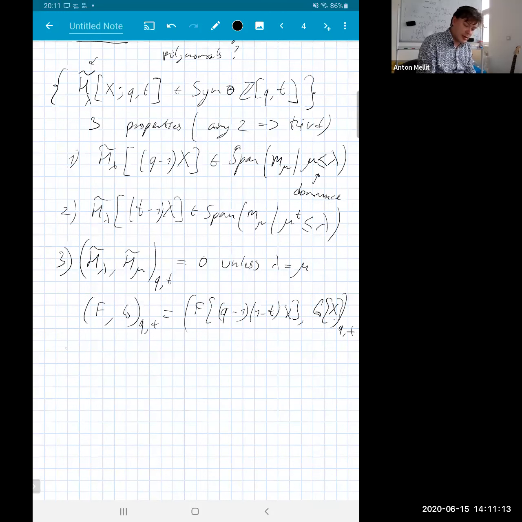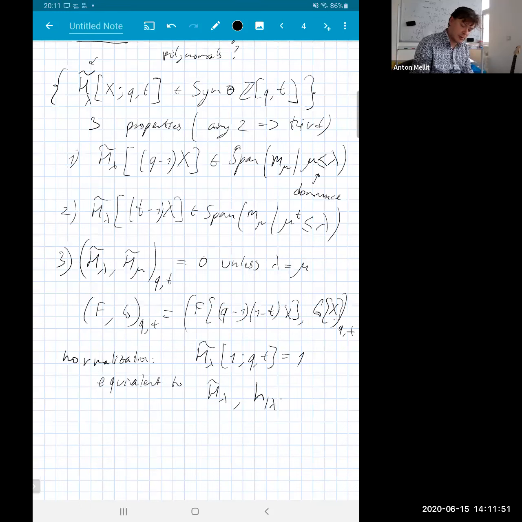And there is also another normalization, right? There is a normalization because from the first properties it's not clear; there is a scalar freedom, but any two imply the third. So the normalization is that if you evaluate it at 1, you get 1, which is equivalent to, if you prefer the more standard, that the ordinary scalar product equals 1.